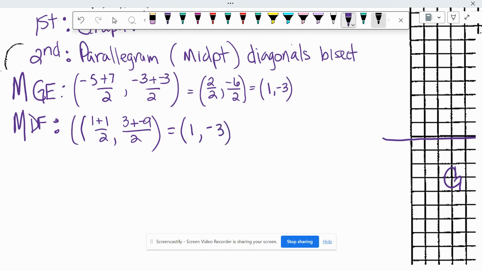So what can you tell me about the diagonals? They're not equal. What did we just show? They have the same what?